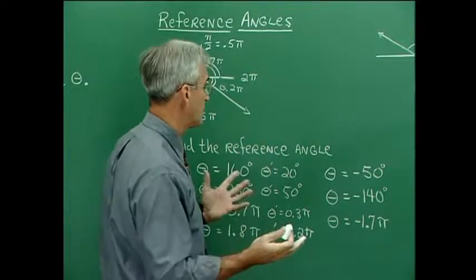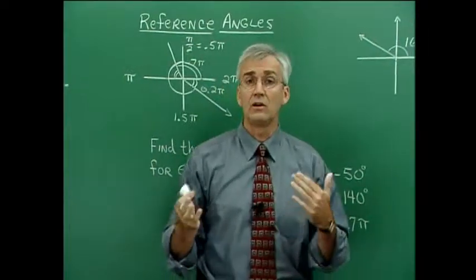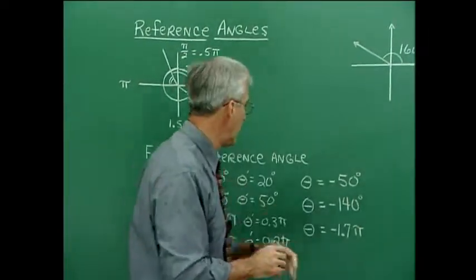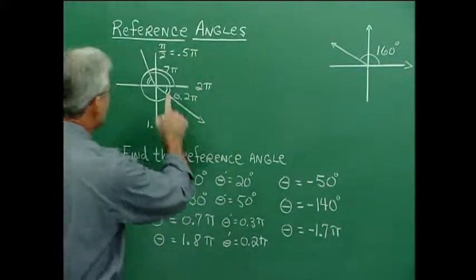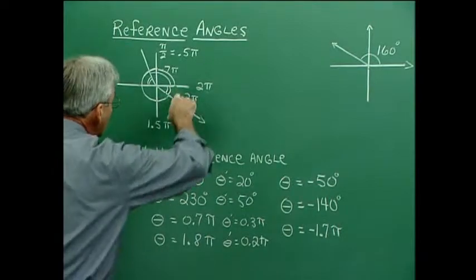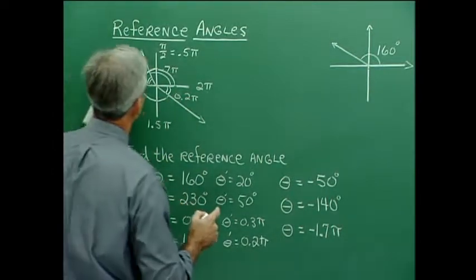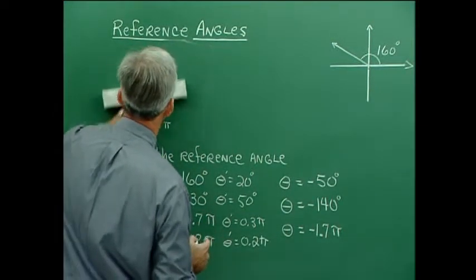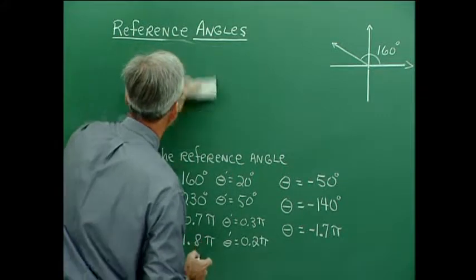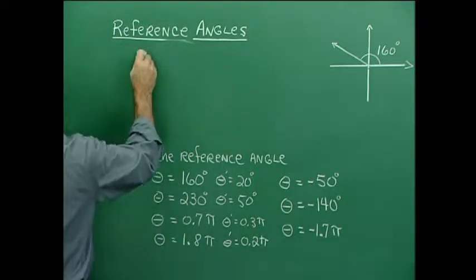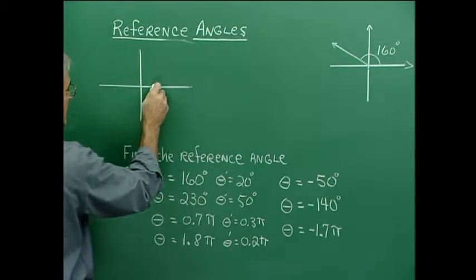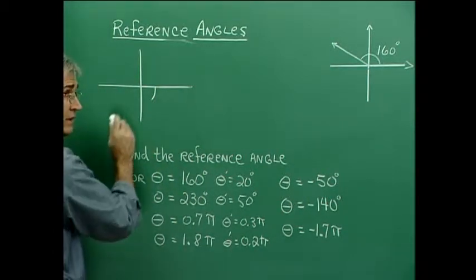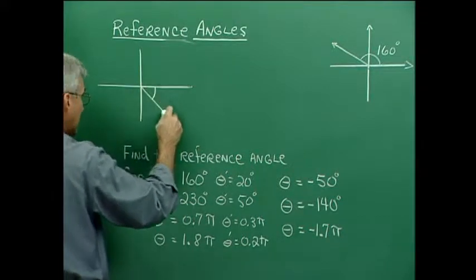Now for negative angles, it works pretty much the same way. We just have to consider what quadrant we're in and look for that reference angle. If we're talking about a theta of negative 50 degrees, then from the perspective of here, we're turning the angle down this way in the negative direction. Let me clean it up a little bit. So from here we're turning the angle down this way 50 degrees, and so we would have something like this.